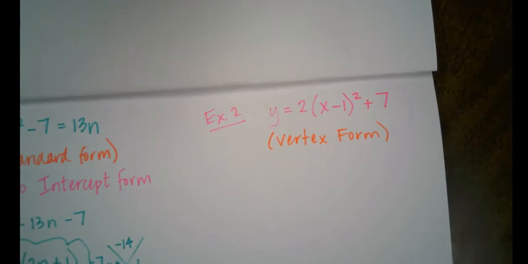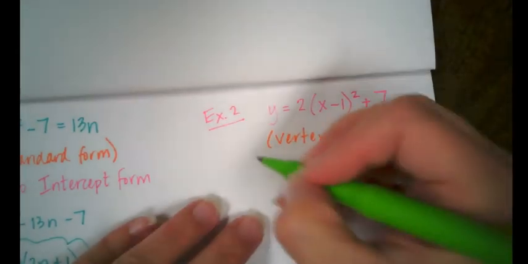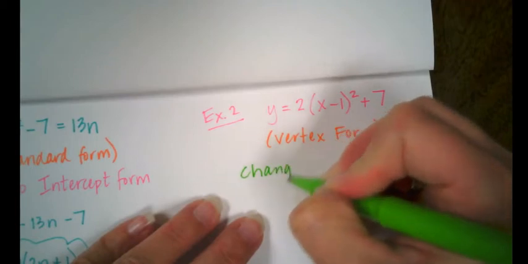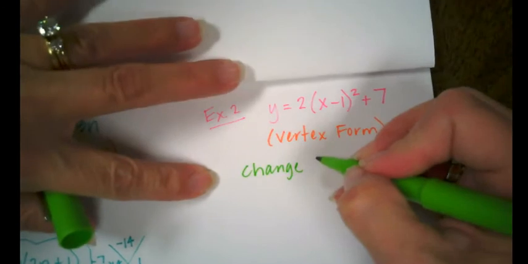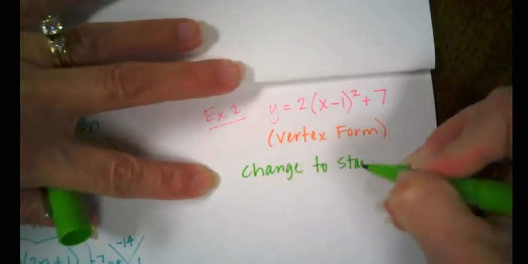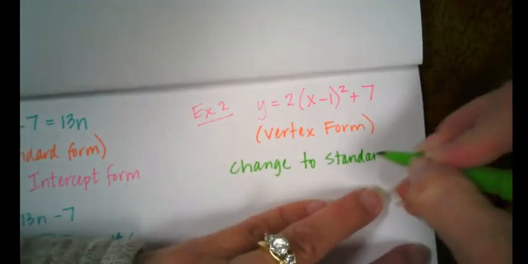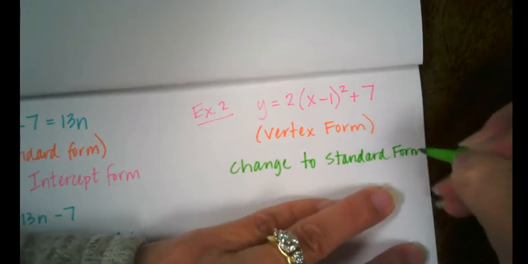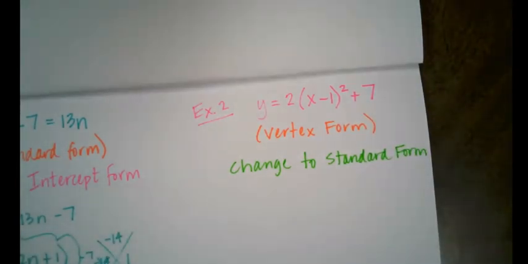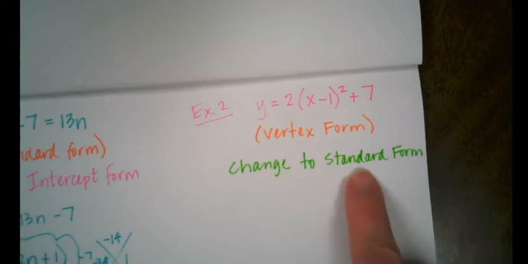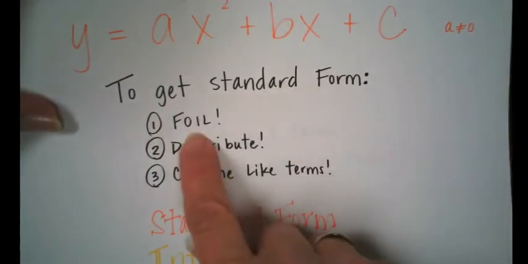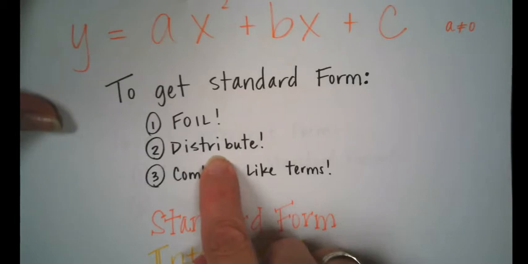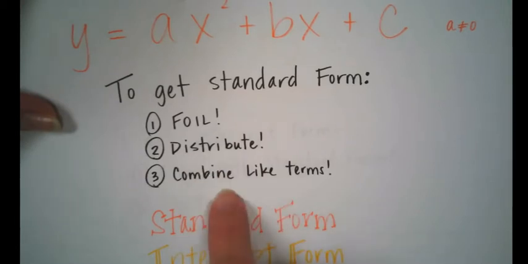All right, so for this problem, let's change to standard form. All right, so if we get our flip chart, we want standard form. So we're going to look on our flip chart under standard form. All right, so to get standard form, first we have to FOIL, then we have to distribute, and then we have to combine like terms.